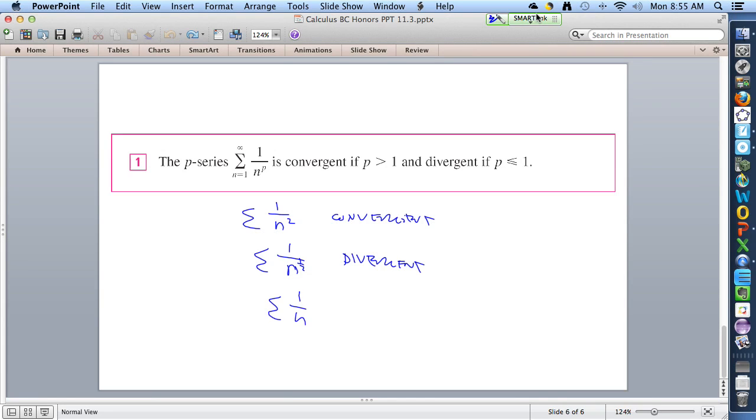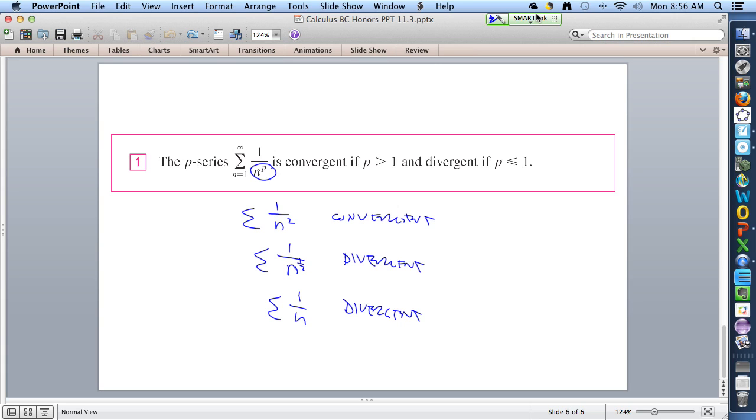And do you remember what happens to 1 over n, which is the harmonic series? It's divergent. 1/2 plus a third plus a quarter, that diverges. And these are all called p-series because they're in the form of 1 over n to the p.